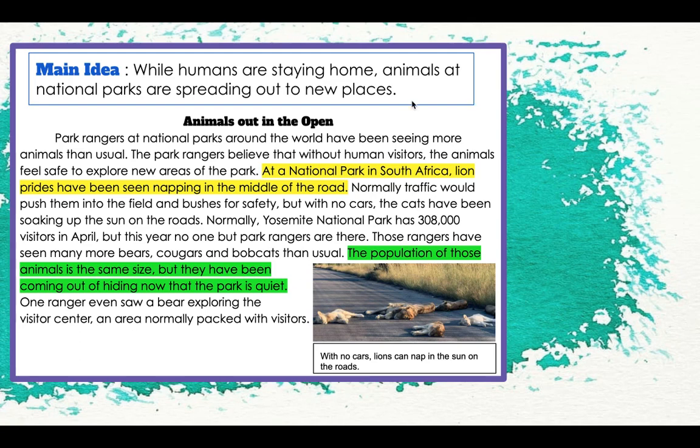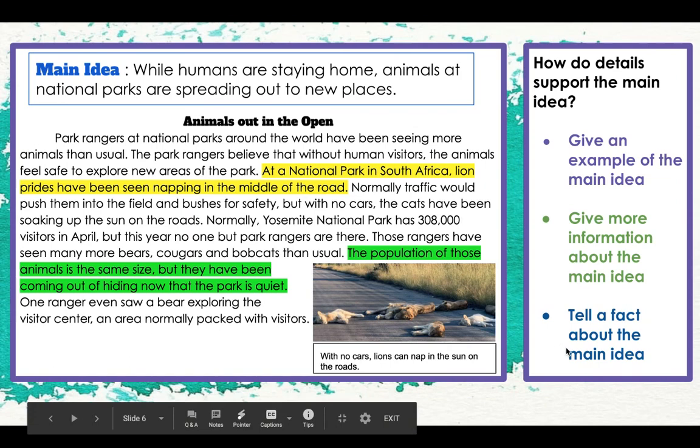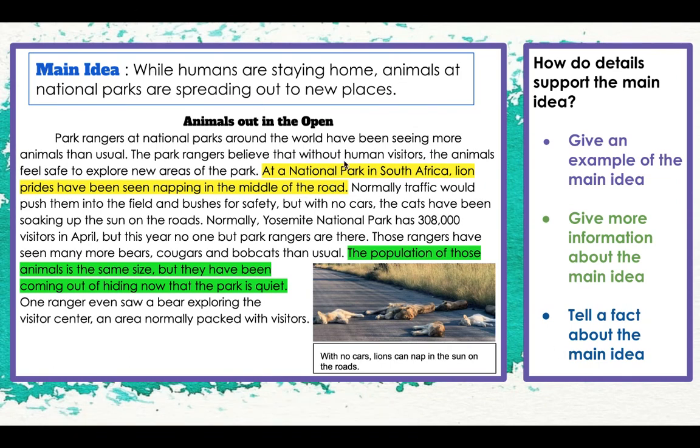So we've got our main idea, and I want you to think about this yellow piece of information here. Is this an example, more information, or a fact that shows more about this main idea? I'll read it again. You think about, what does it tell you? At a national park in South Africa, lion prides have been seen napping in the middle of the road.